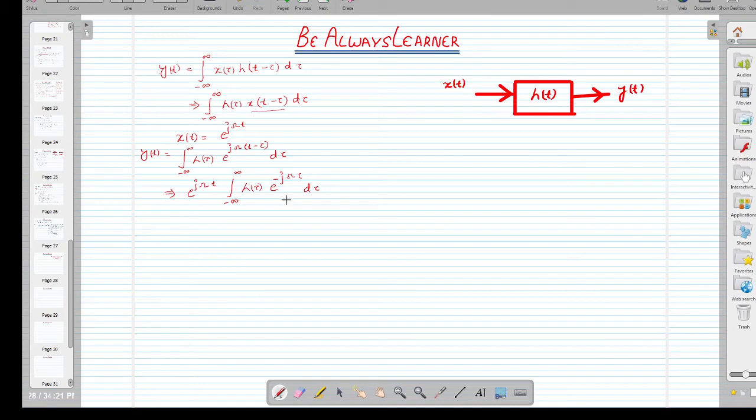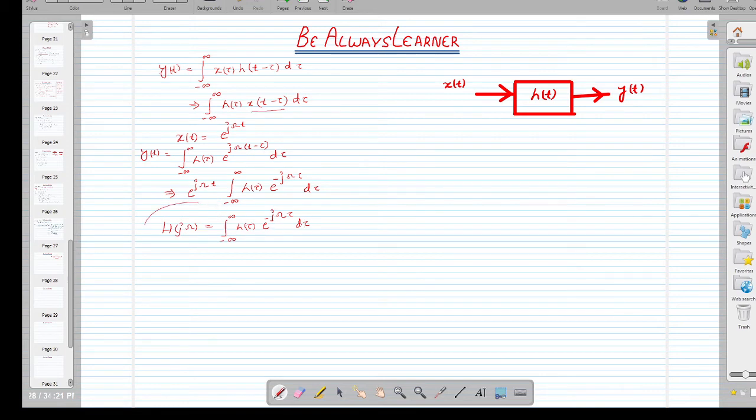So now we know that by definition of Fourier transform, H(j omega) can be expressed as integration of h(tau) e raised to the power minus j omega tau d tau.